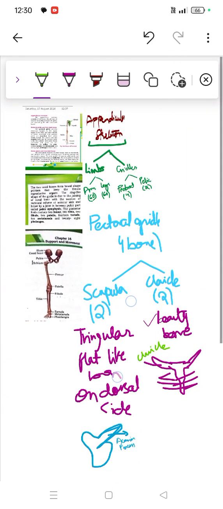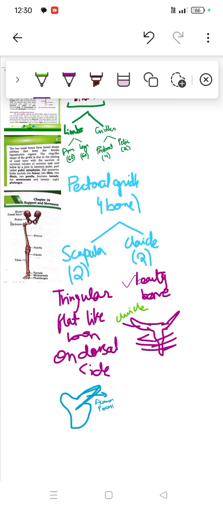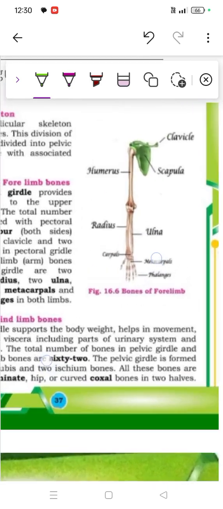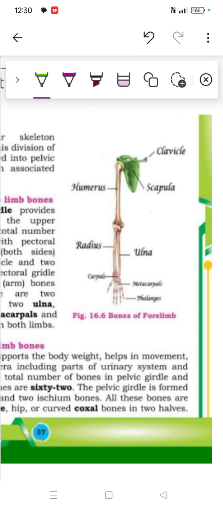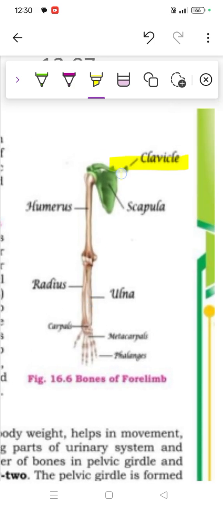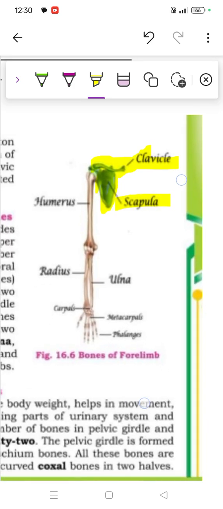Then after the clavicle, let's make another structure. The diagram shows here scapula and clavicle, so you can understand right now. The clavicle is this one bone, a beauty bone. The scapula is this triangular flat-like structure, right? So both bones are present right at the shoulders.